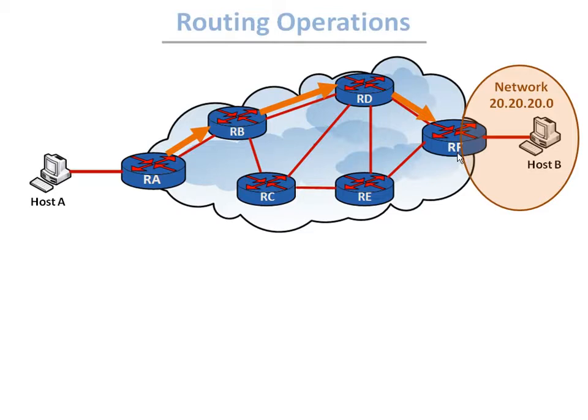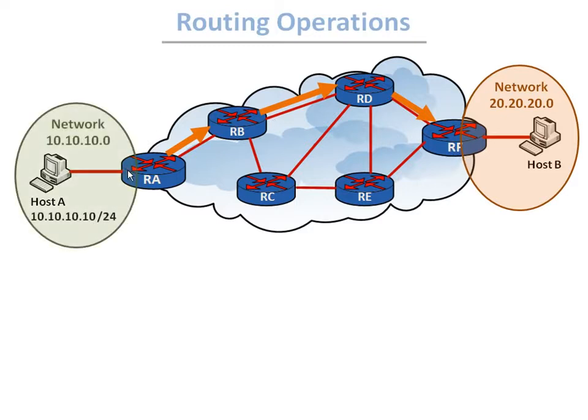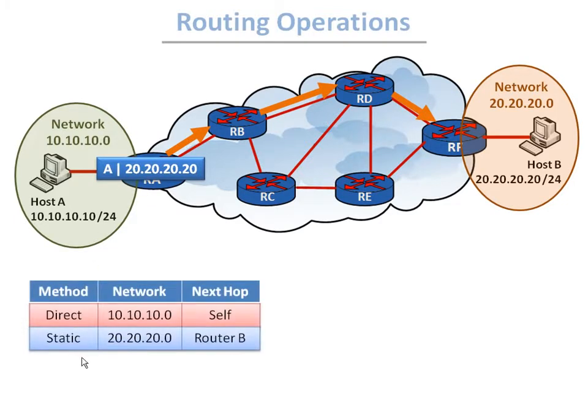Now, since we've configured that, if we have a host A with an IP address of 10.10.10.10 that needs to send packets to host B, which has an IP address of 20.20.20.20, and the packet arrives at router A, router A will check its routing table and determine that in order to reach the 20.20.20 network, it needs to send the packets to router B, right?